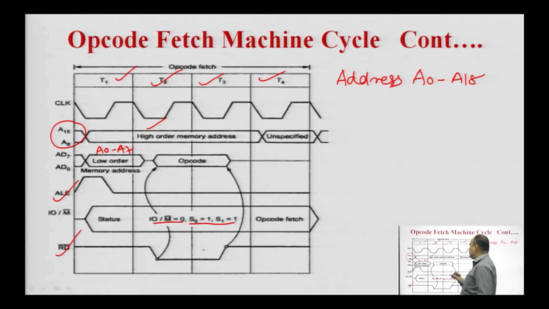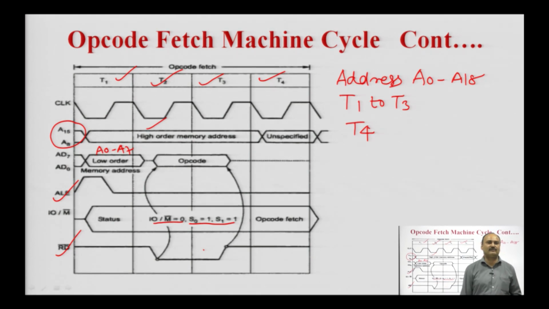So, up to T3, the microprocessor passes the operation code from memory to the instruction decoder register, and during the T4 T state the microprocessor decodes the operation code and understands what operation is required, which registers are involved, and how many machine cycles are required to execute the instruction.